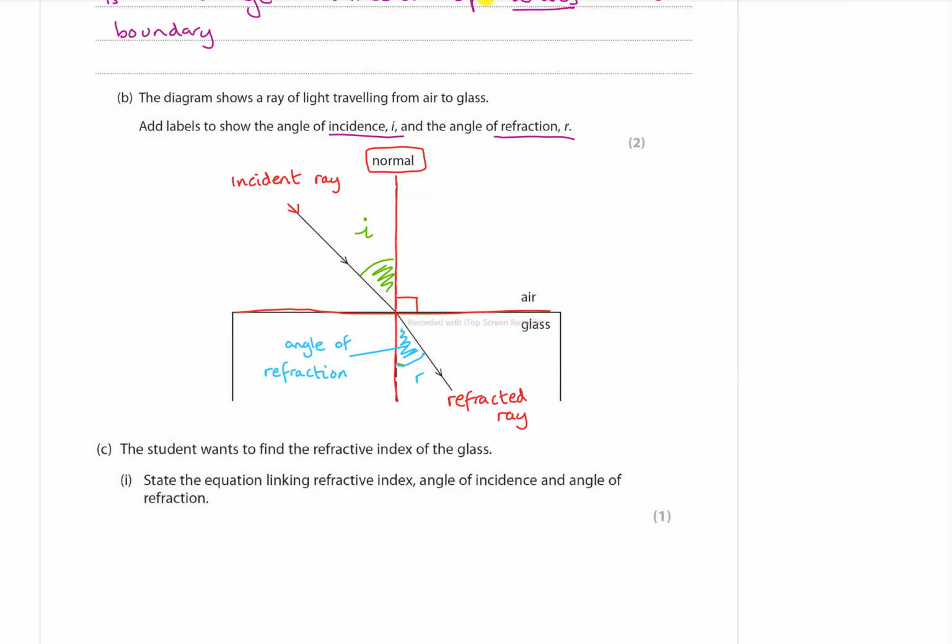This is the angle of incidence. Right, okay, that I think is a good one to get hold of.